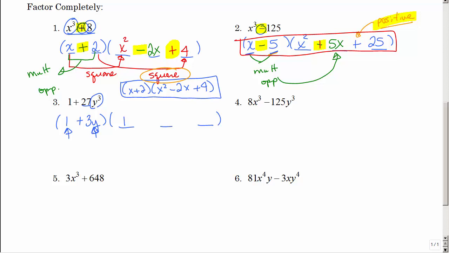Now that's 3y times 3y, which is 9y squared, and it's always positive. Then we multiply those together and take the opposite sign. That's it.